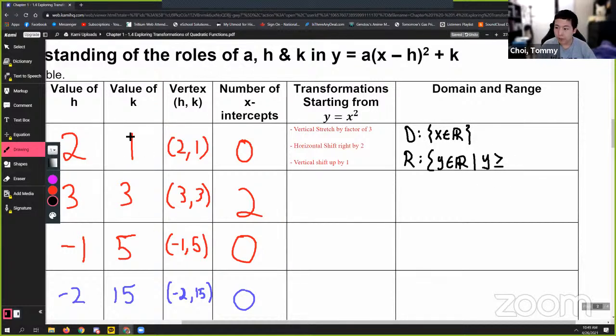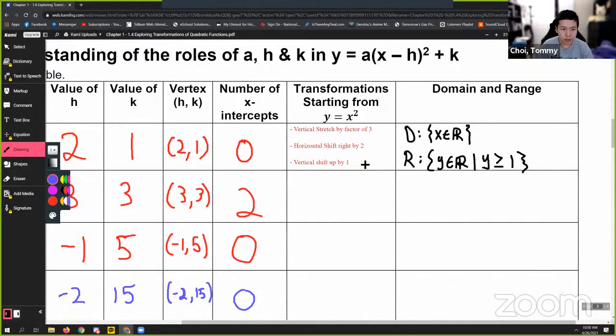And then copy down the K value, 1. And that will be your range. Okay? So greater than or equal to if it opens up, less than or equal to if it opens down, and the restriction is going to be your K value.